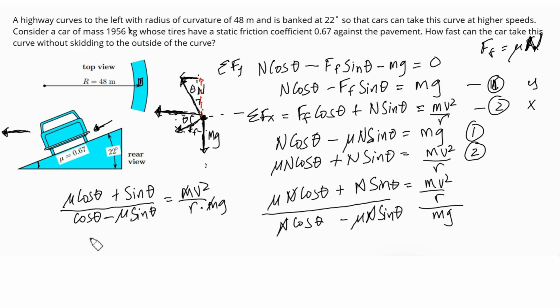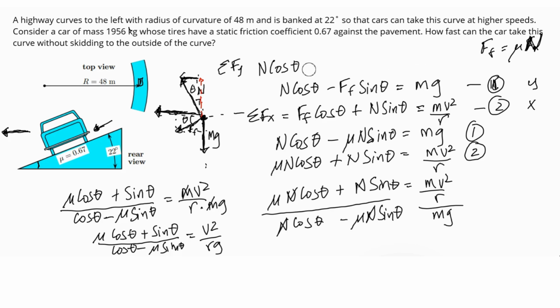The m's cancel, leaving me with mu cosine theta plus sine theta all over cosine theta minus mu sine theta equal to v squared over rg. I'm going to erase this so we have some more room to work on.